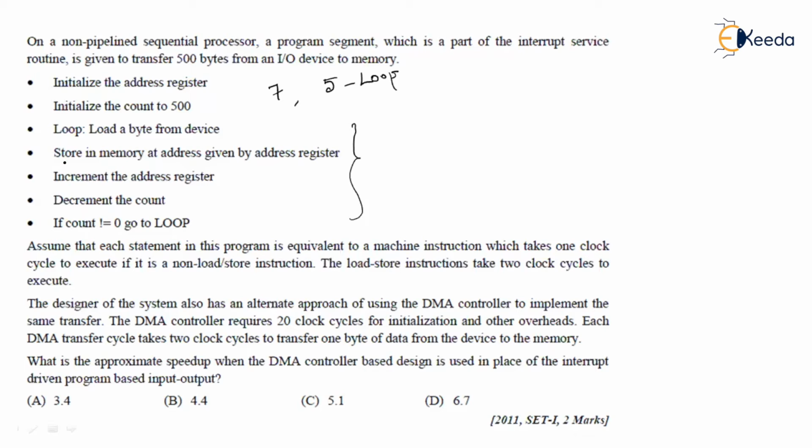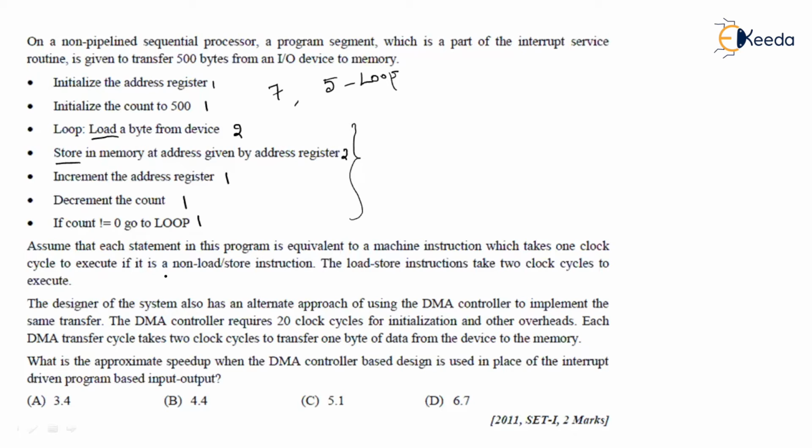Where are load and store instructions? Yes, there is a load instruction and there is another store instruction. These two instructions will take 2 clock cycles each, and all the other instructions will take 1 clock cycle each.